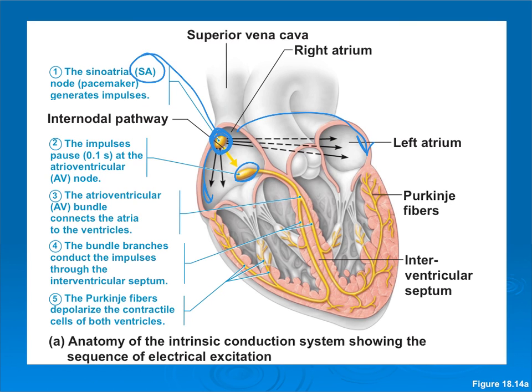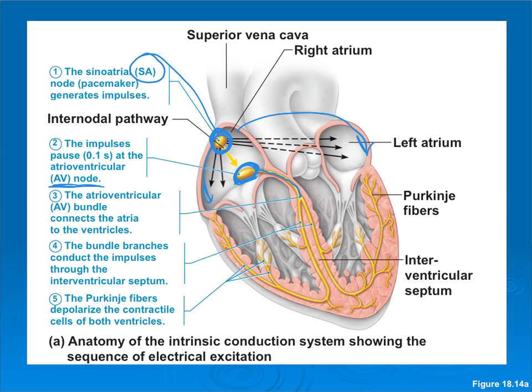Okay, then the electrical current reaches the next portion of the intrinsic conduction system, which is what we refer to as the AV node, atrioventricular node. It is still in the very bottom portion, inferior portion of the right atrium. So it's going to slightly delay the electrical impulse and then spread the electrical impulse to the ventricles through the interventricular septum.